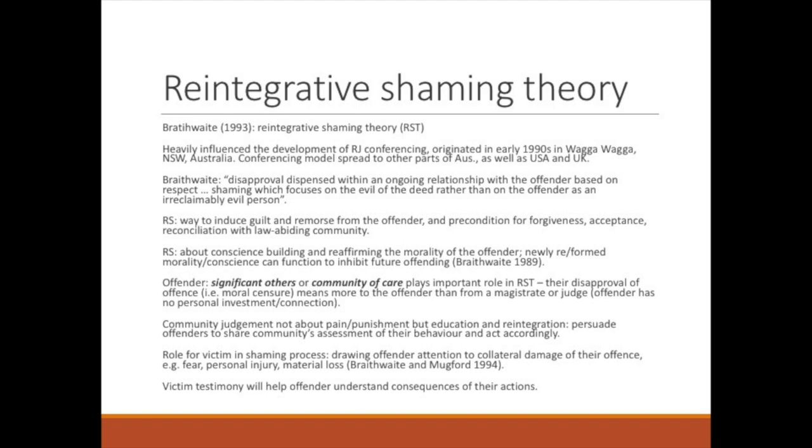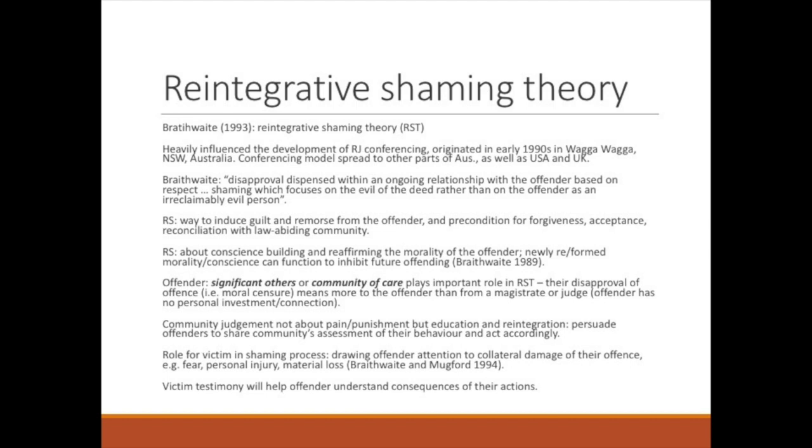For the offender, significant others or people from their community of care play an important role in reintegrative shaming. The disapproval of the offense means more coming from these people, these valued relationships, than from a magistrate or a judge, because the offender has no personal investment or connection to these social figures.